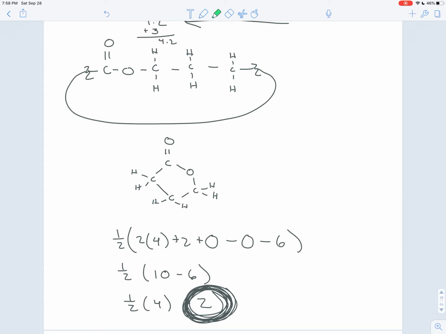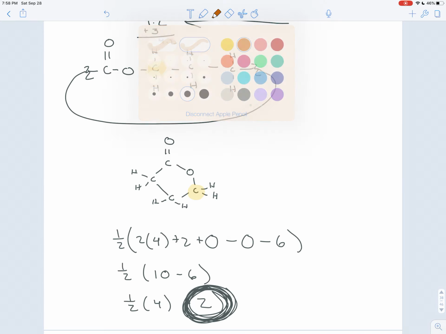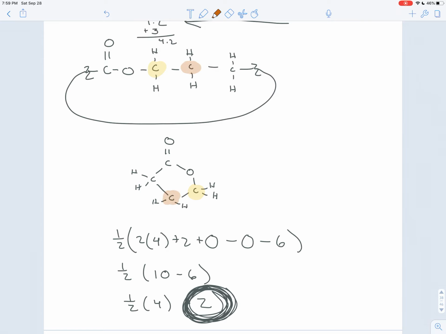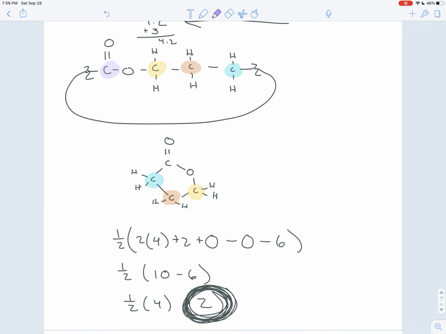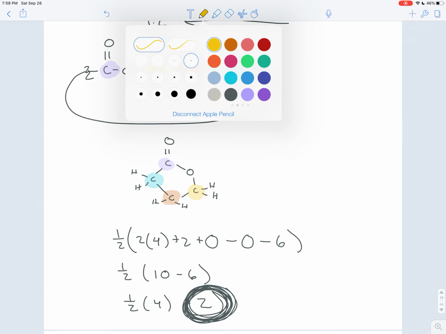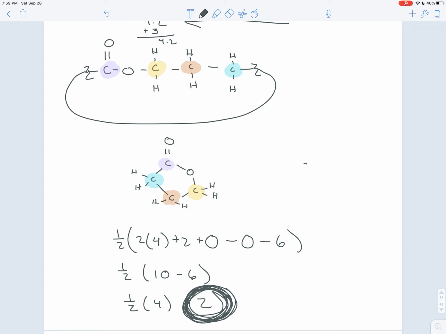So this carbon here, this carbon here on the other side of the ester is like this one here. This carbon here is like this one. This third one is like this one. And you can see how that would connect to the carbonyl right there. So the molecule you'd suspect here would be that.